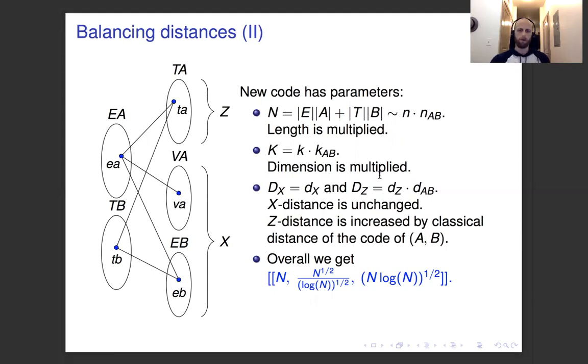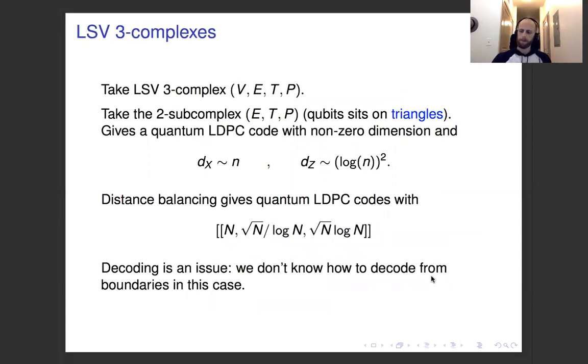And overall, by choosing the graph to be a good LDPC code of an appropriate size, after balancing you can get CSS codes whose distance grows like square root of n times square root of log n. Again, one can even go a bit further using three complexes.